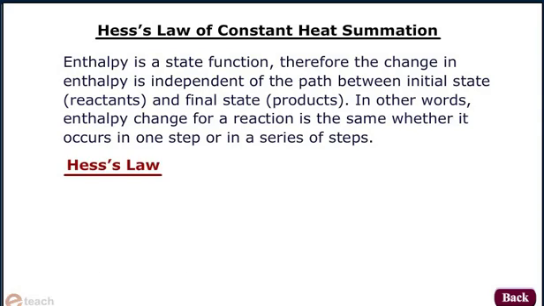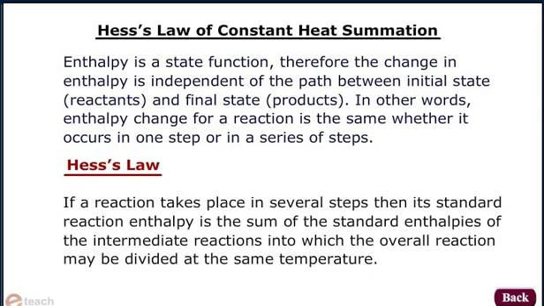Hess's law: if a reaction takes place in several steps, then its standard reaction enthalpy is the sum of the standard enthalpies of the intermediate reactions into which the overall reaction may be divided, at the same temperature.